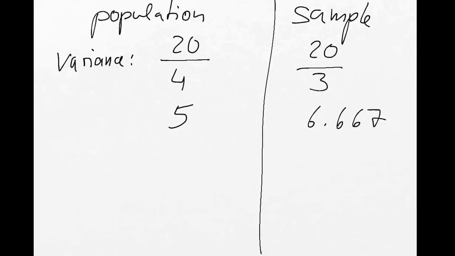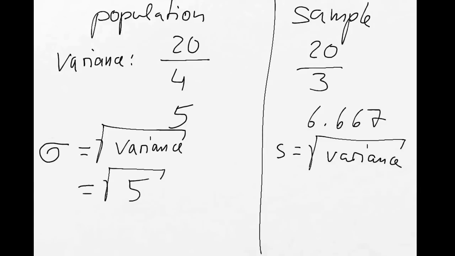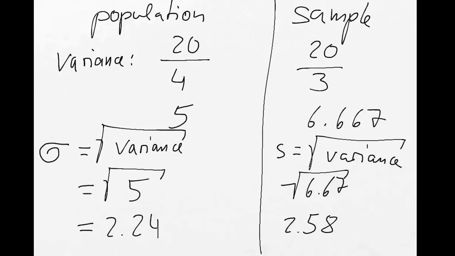And now we can do the standard deviation, which equals the square root of the variance. And here the same. And we get the square root of 5 and the square root of 6.67, and we got 2.24. And here we have 2.58. Yeah?